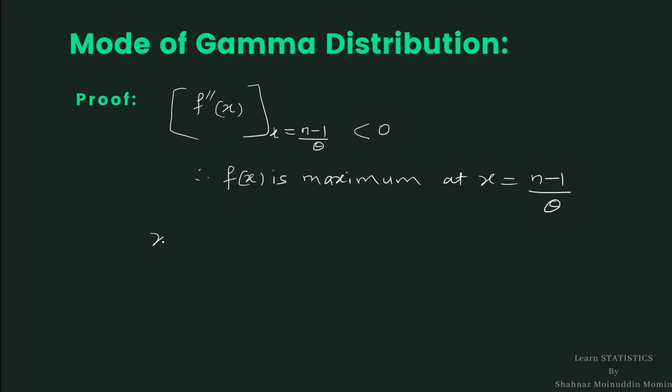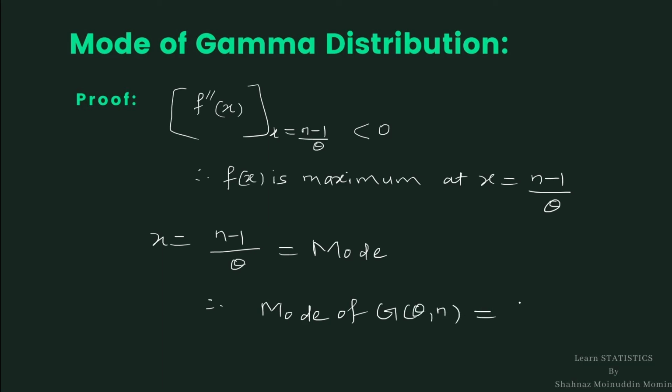This means x equal to n minus 1 divided by theta is nothing but the value of mode. Therefore, the mode of gamma distribution with parameters theta and n is equal to n minus 1 divided by theta. This is the value of mode.